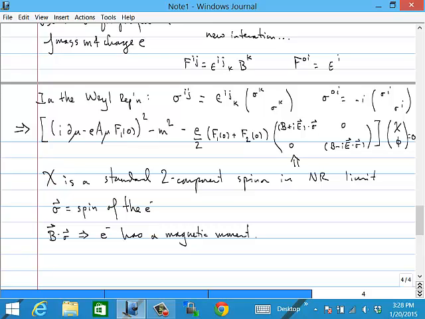So this form factor F2 is describing a quantum correction to the magnetic moment of the electron.